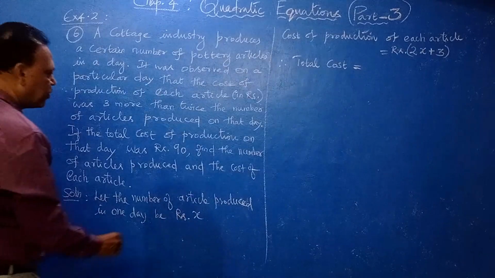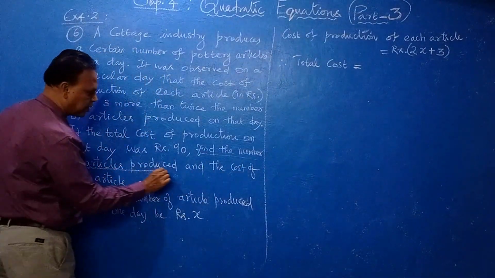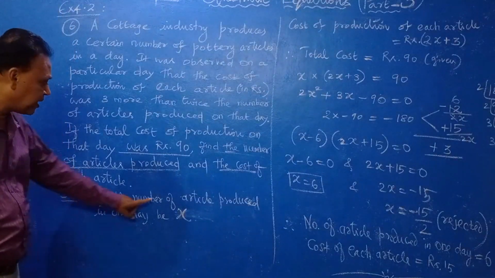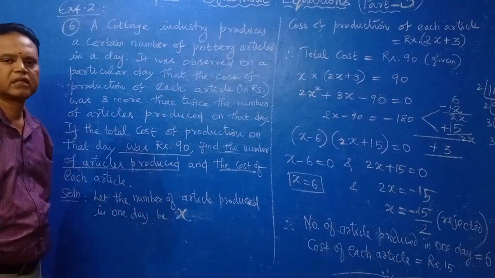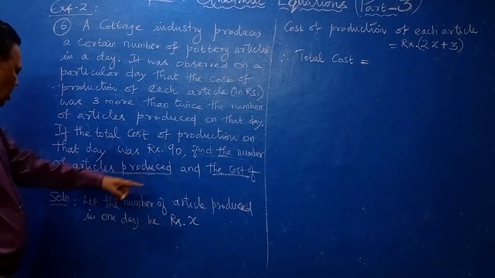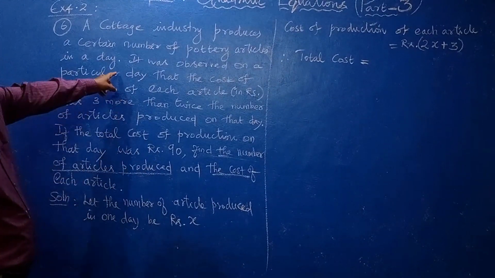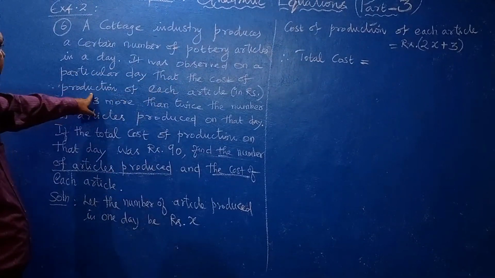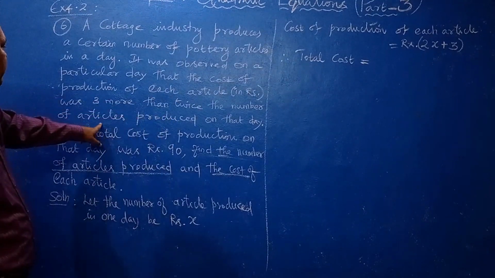Here the unknown you have to take is the number of articles produced. So let the number of articles produced in one day be x. Now easily we can find the cost of each article. The cost of production of each article was 3 more than twice the number of articles.